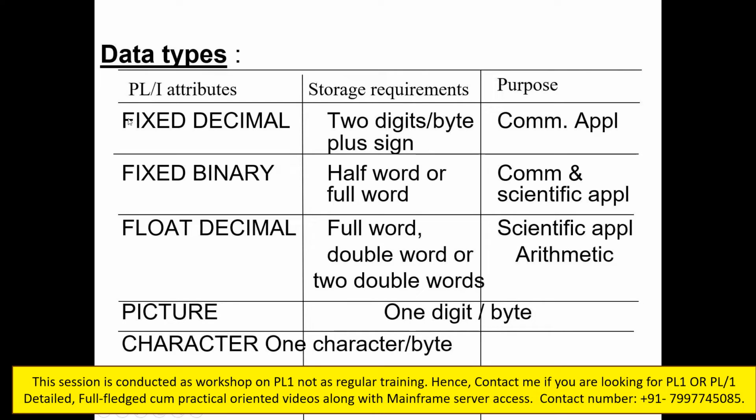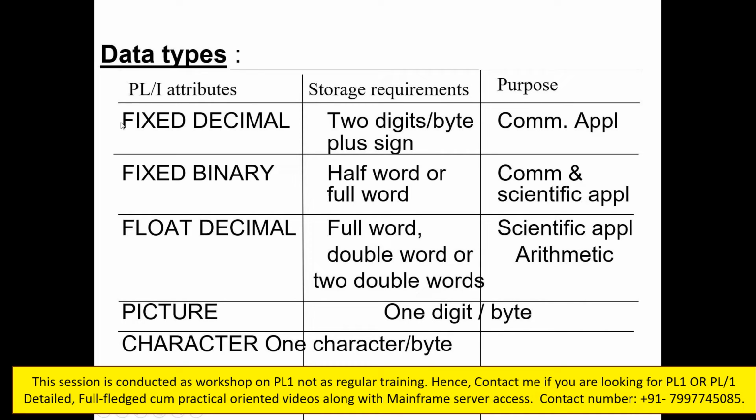You know COMP-1, COMP-2, COMP-3, am I right? Fixed decimal is equivalent to COMP-3. Just imagine how COMP-3 values occupy space: for odd numbers n plus 1 by 2, for even numbers n by 2 plus 1. The same thing applies here also.